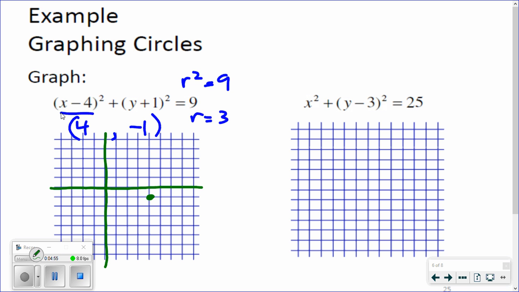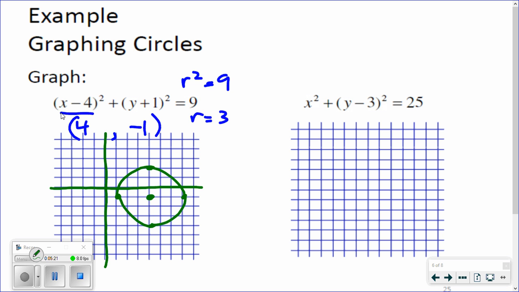Radius of 3, so I'm going to count out 3 spots to the left, 3 to the right, 3 units down, and 3 units up. Then from there, I'm just going to try to do the best curve job I can, connect point to point, and what we end up with is our circle.